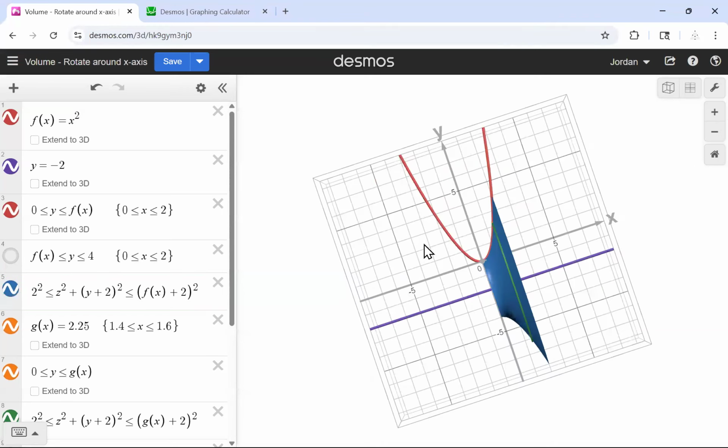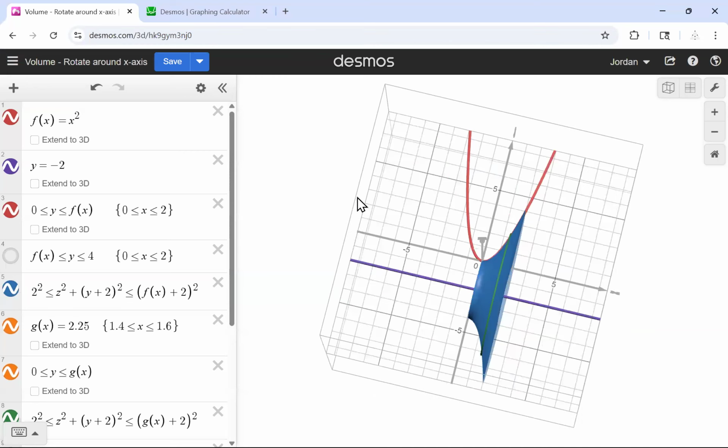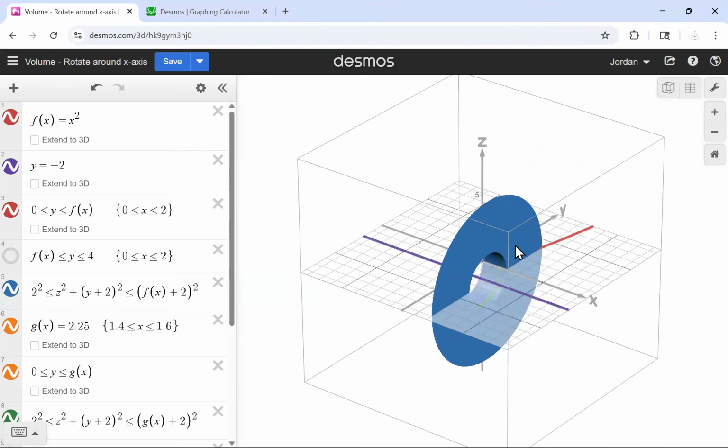So in other words, if we look at this here, we get a much further rotation. So the volume is getting bigger as you move the line further and further away from the region you're rotating. So this distance is larger that you're going around.